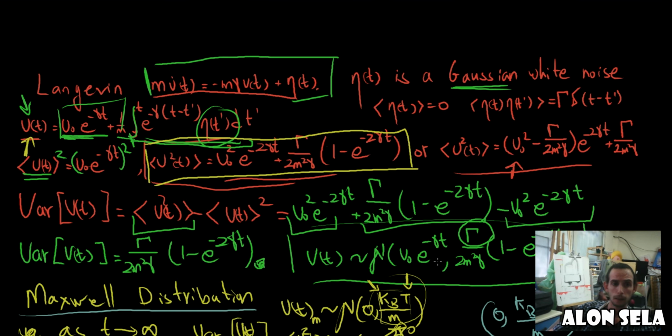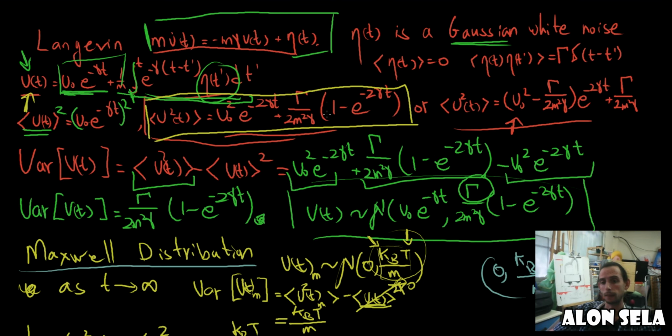And let's summarize what we've done and said. We talked about the Langevin stochastic differential equation, which is given by this process. We said that eta at time t is a Gaussian white noise with an expectation of 0 and autocorrelation given by some constant times the Dirac delta function.